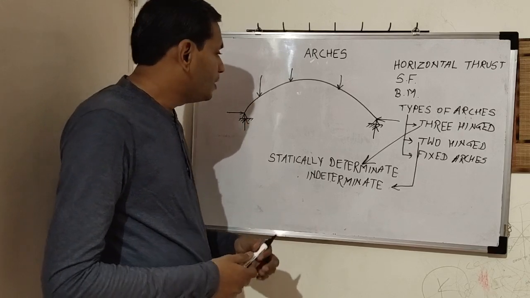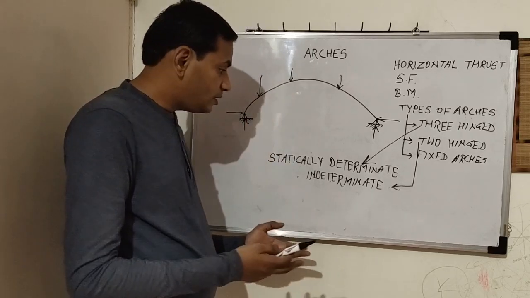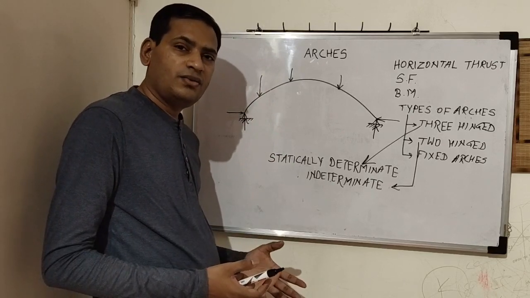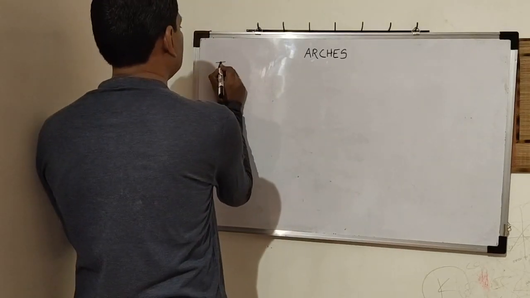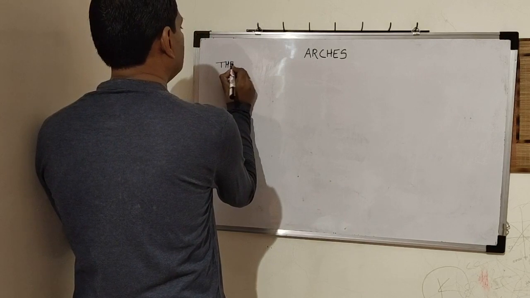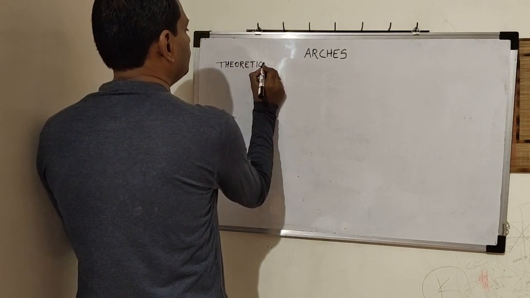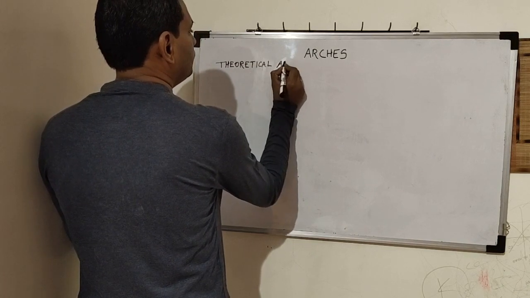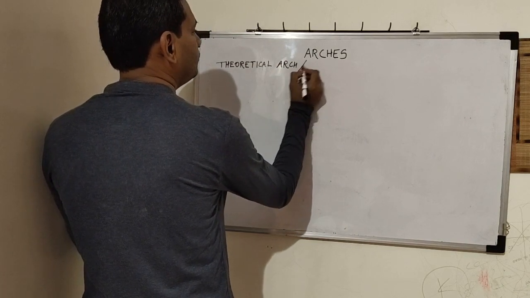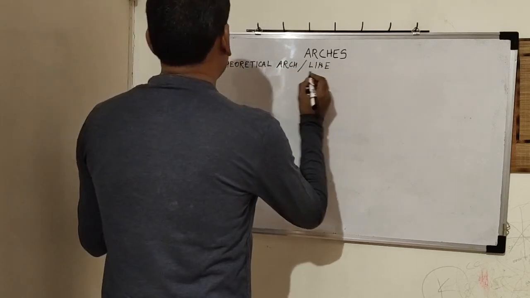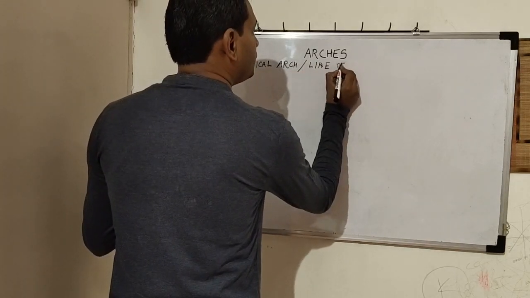Now we will go further to the concept of theoretical arch. Alternatively, this is known as line of thrust.